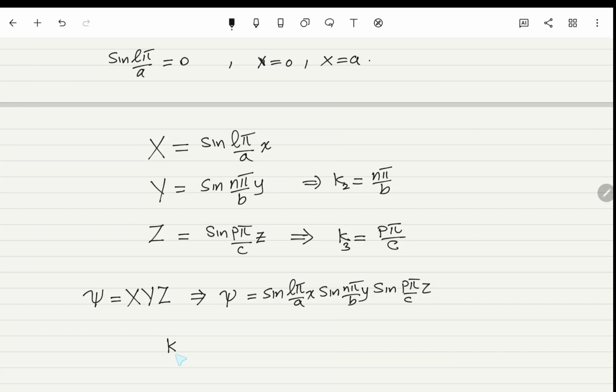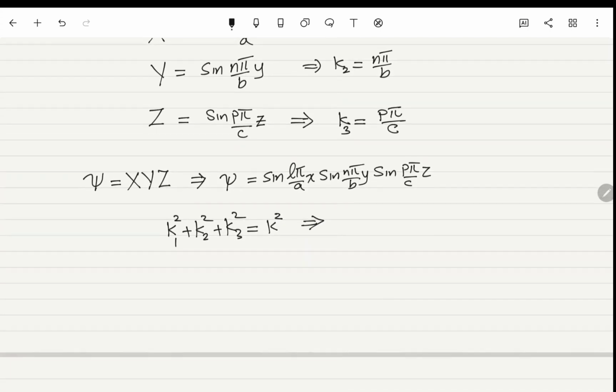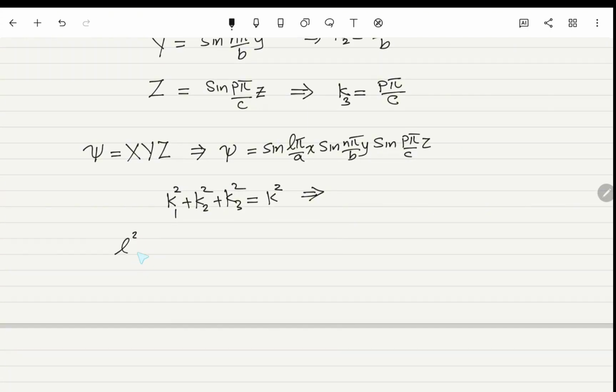And with the aid of the equation k1 squared plus k2 squared plus k3 squared all equal to k squared, we can find that L squared pi squared over a squared plus n squared pi squared over b squared plus p squared pi squared over c squared all equal to 2mE over h bar squared.